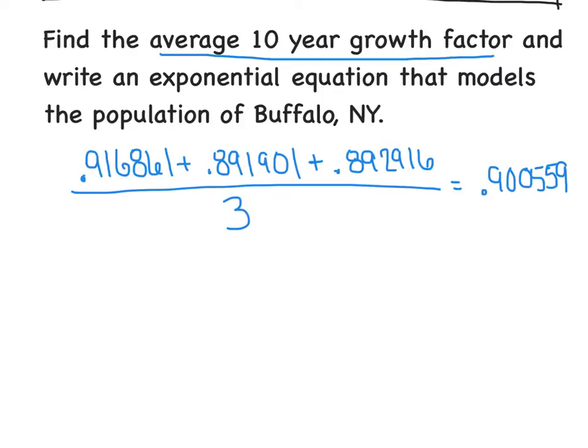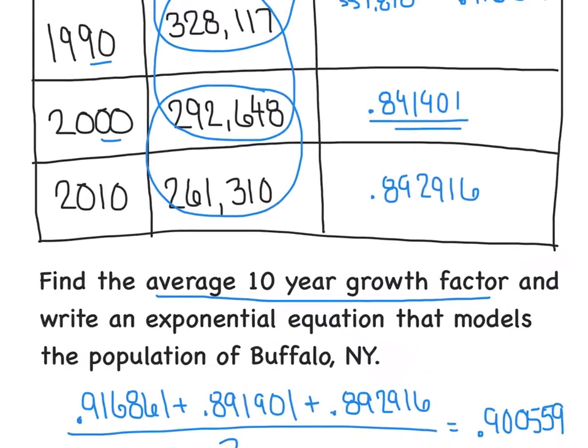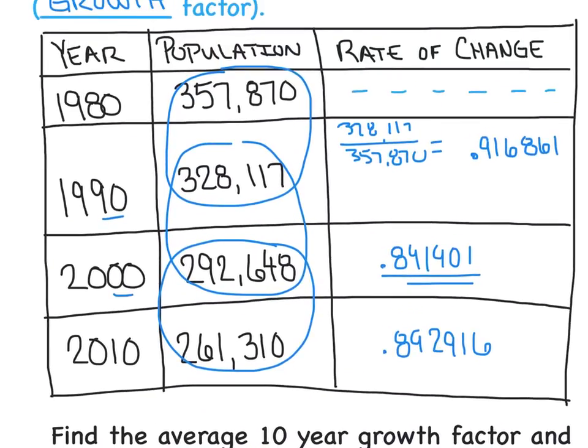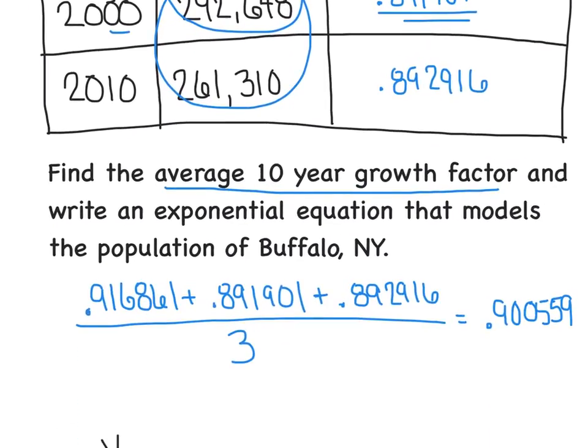And as far as writing the equation, well, I'm going to need the initial population, which we're going to say is the very first number they gave me. I'm going to let that be my t equals 0, or the beginning. And so this 357,870 number is my initial value.